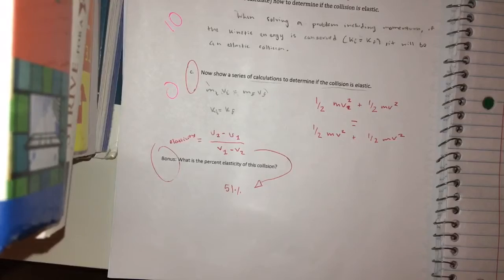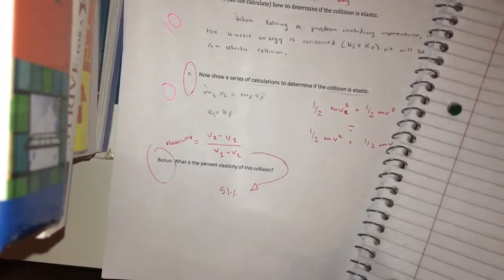To prove that, we know that within an elastic collision, kinetic energy is always going to be conserved. Therefore, the kinetic energy before is always going to equal the kinetic energy afterwards.